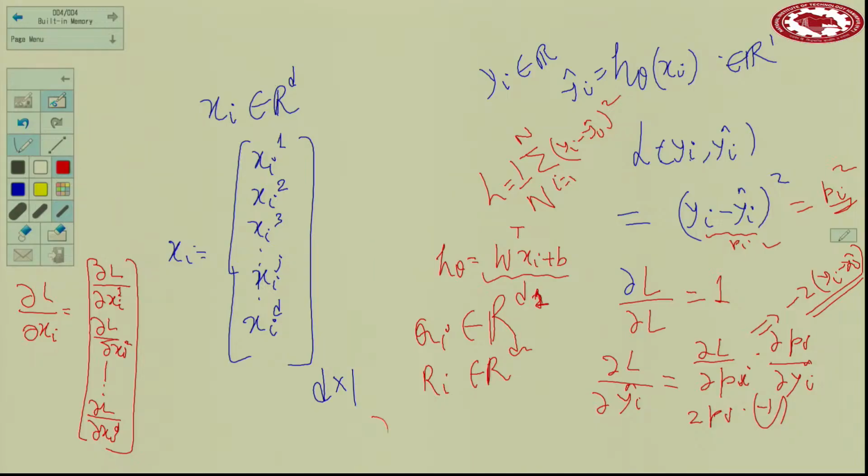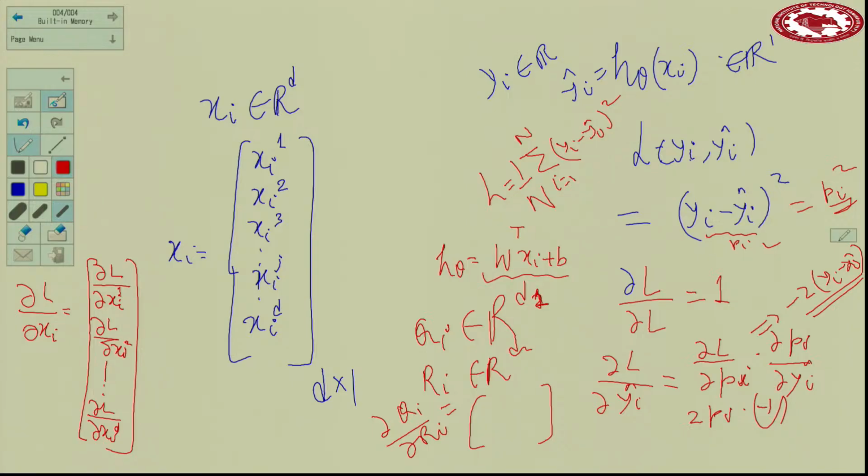If you want to compute the gradient of this qi with respect to this ri, what will you get? You will get a matrix, right? Because the gradient is computed with respect to every pair of components that you have in this relation.